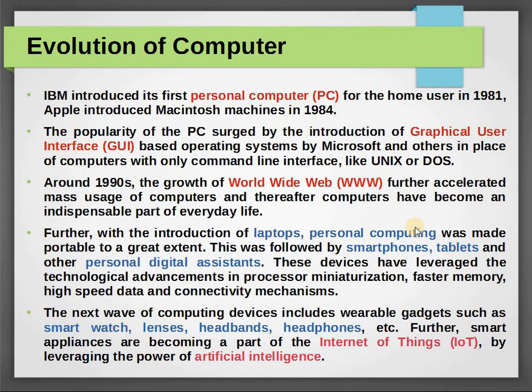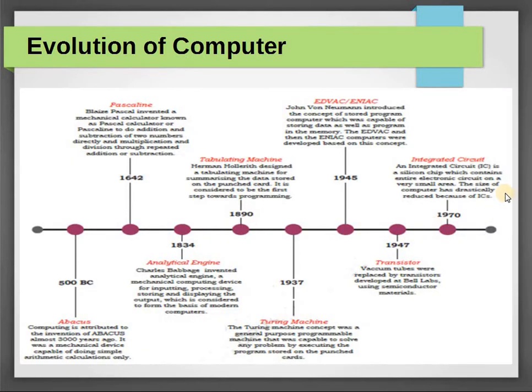Then during the 1970s, large scale integration, that is LSI, of electronic circuits allowed integration of a complete CPU on a single chip, and it is known as a microprocessor. Then Moore's law predicts exponential growth in the number of transistors that could be assembled in a single microchip.